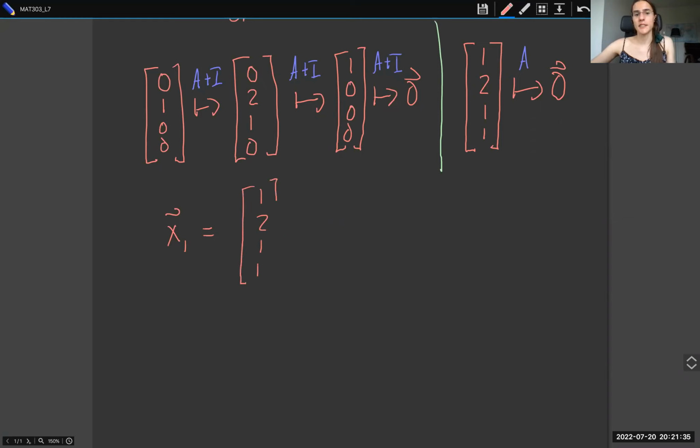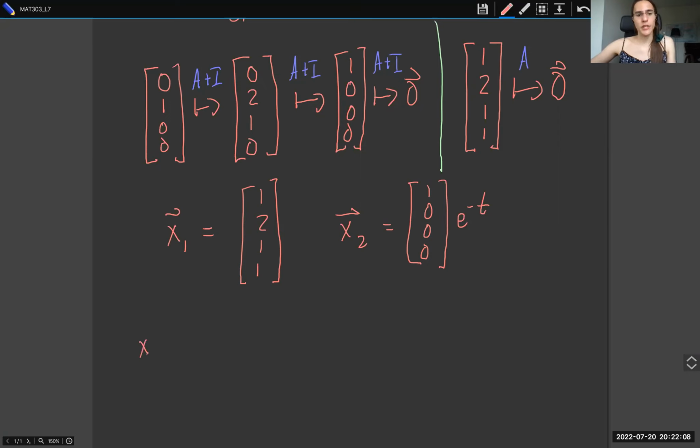Just constant multiples of this. x2 is going to be the eigenvector solution corresponding to this. So it's going to be 1, 0, 0, 0. The eigenvalue is -1, so it's going to be e to the minus t.